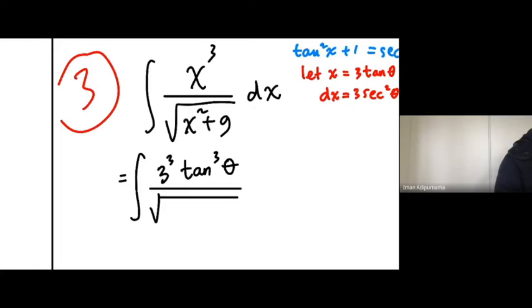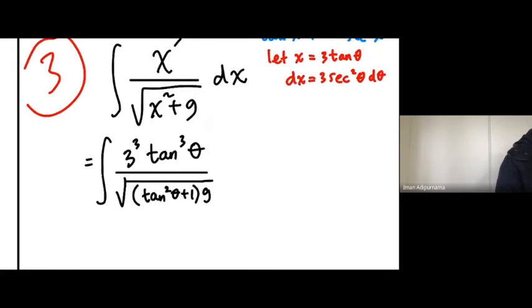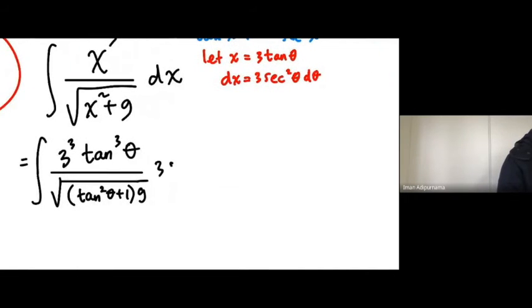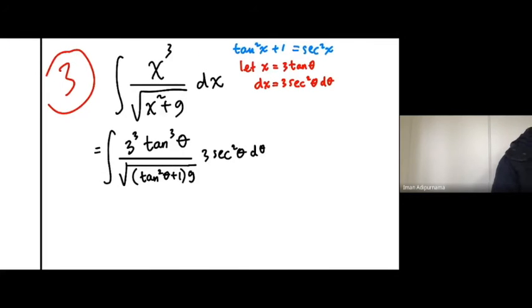So this becomes tangent squared theta plus 1, times 9. And this becomes 3 secant squared theta d theta. This becomes 9 secant squared theta.